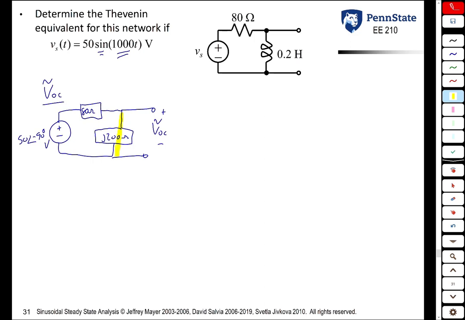VOC tilde is j200 over j200 plus 80 times 50 at an angle of minus 90 degrees. You work out the math, you get 46.4 at an angle of minus 68.2 degrees volts.